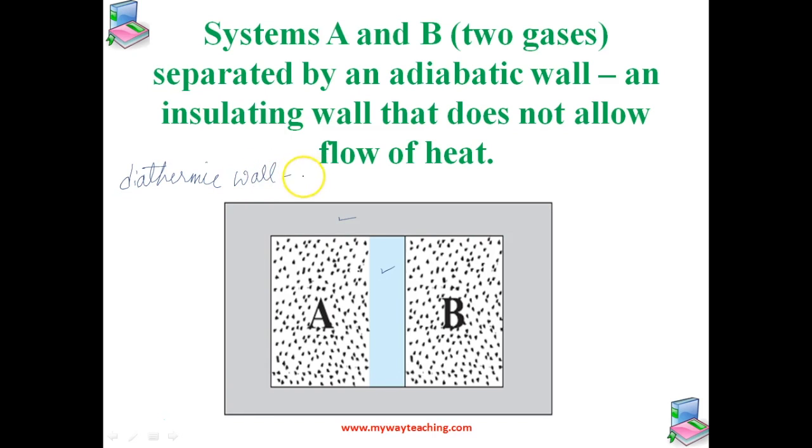This diathermic wall is a conducting wall. An adiabatic wall is a non-conducting wall, or we can say an insulating wall. But a diathermic wall is a conducting wall that allows energy flow from one to another.